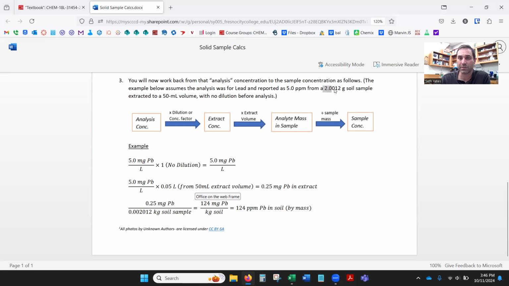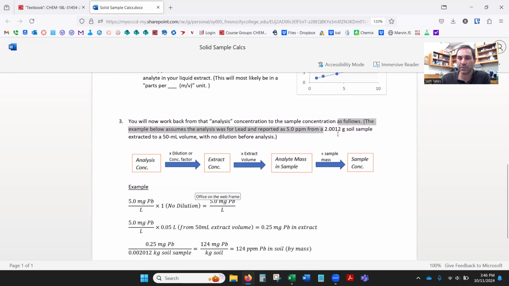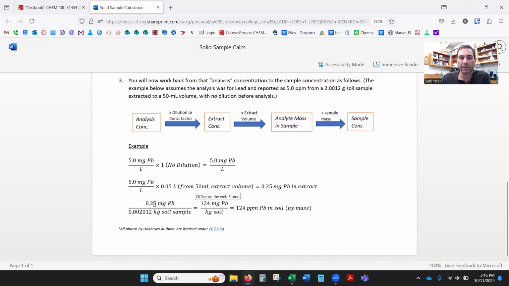The sample mass, it tells us, was 2.012 grams of soil in that particular sample that was weighed out. So 0.25 milligrams divided by 0.002012 kilograms of soil, converting that grams into kilograms, and then you get a new part per million mass over mass, 124 milligrams of lead per kilogram of soil, or 124 parts per million lead in soil by mass.